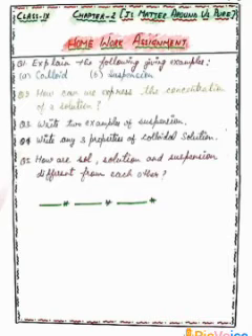The main points of difference between solution, sols or colloids and suspension are given. That is, a solution is a homogeneous mixture. A sol appears to be homogeneous, but actually it is heterogeneous. A suspension is a heterogeneous mixture.